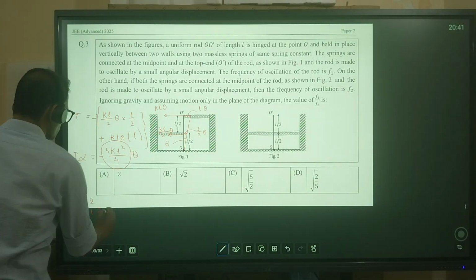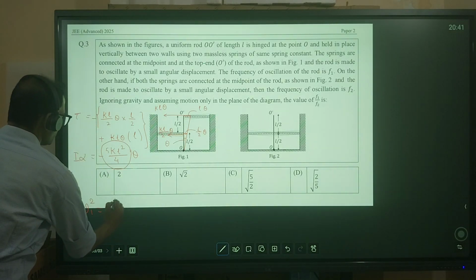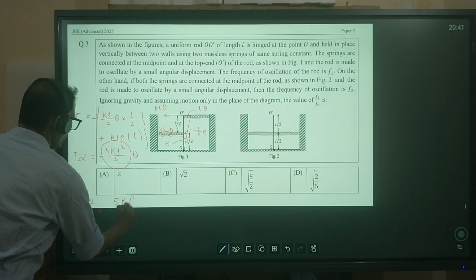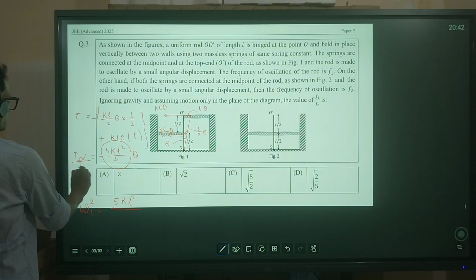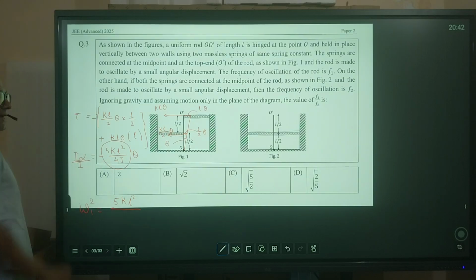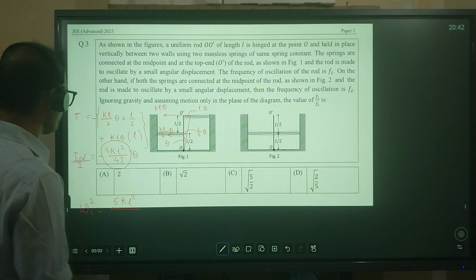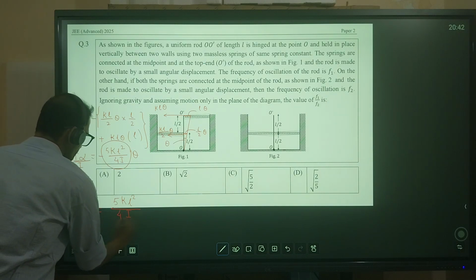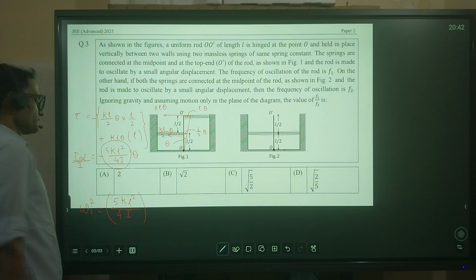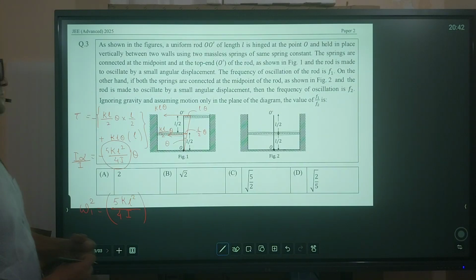Omega 1 square is 5KL square by 4, but we have to divide by I also to find the angular acceleration. Don't worry about I, because I is the same in both cases. So this is omega 1 square.